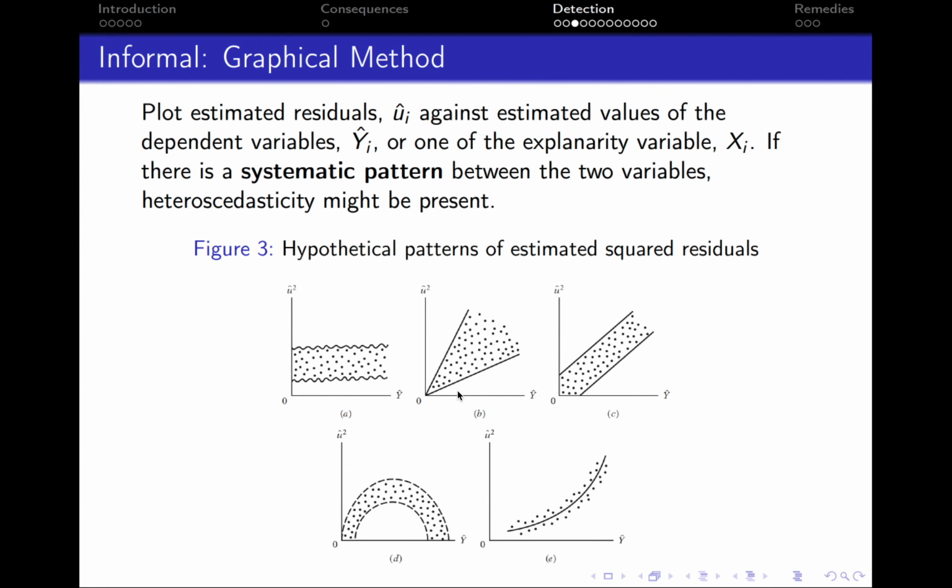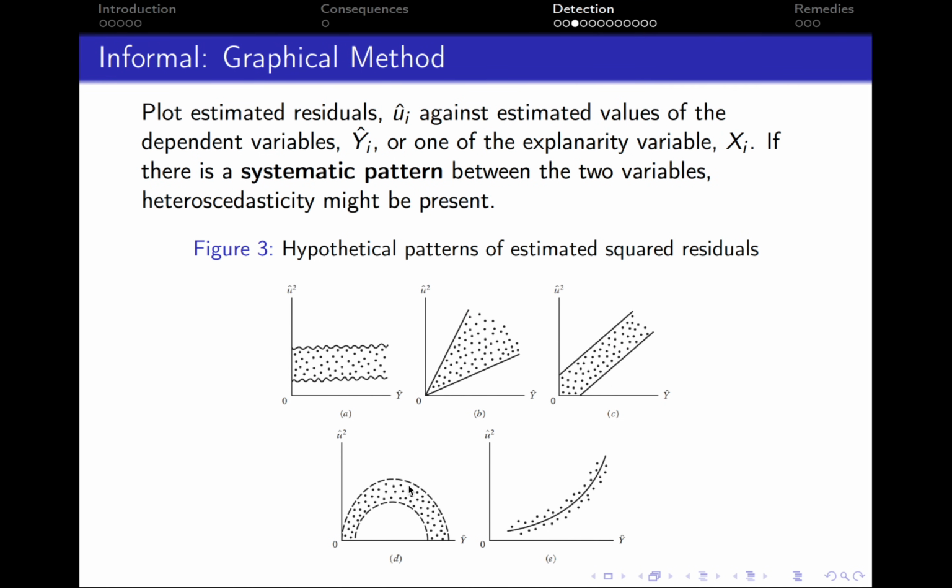However, if you look at graph B, you will see that there is a systematic pattern, and the residuals get more spread out with the increase in the values of y. If you look at graph C, again, we can see that there is a systematic pattern. Actually, there is a linear relationship between your residuals and the estimated values of y. So this is another example of heteroscedasticity.